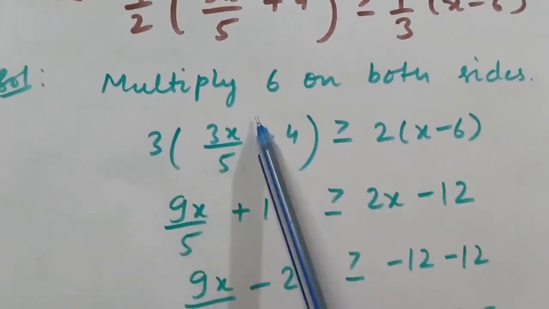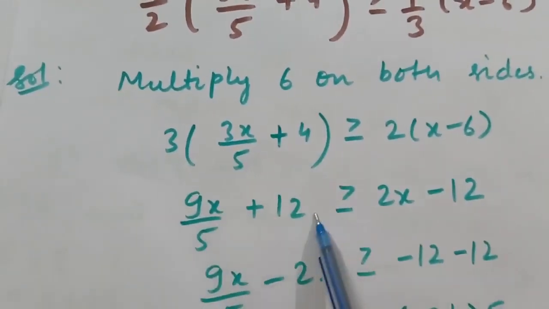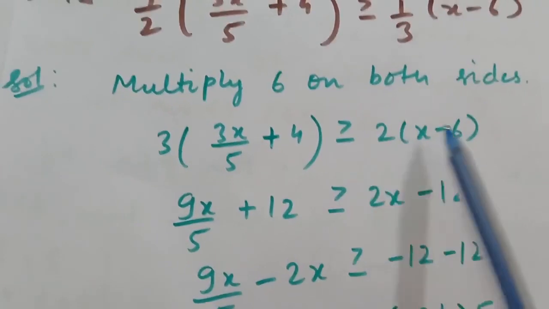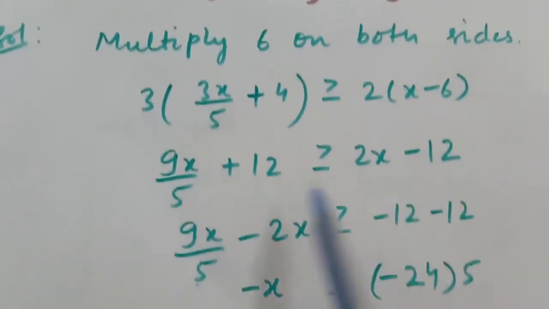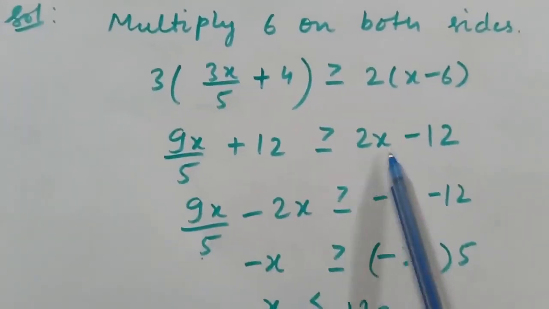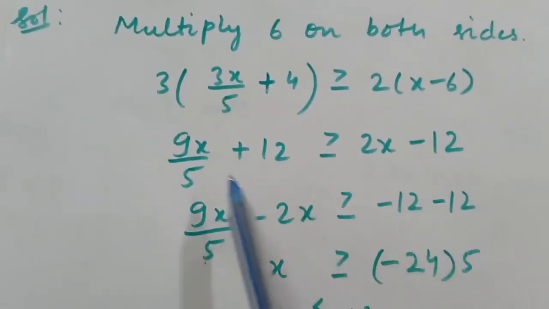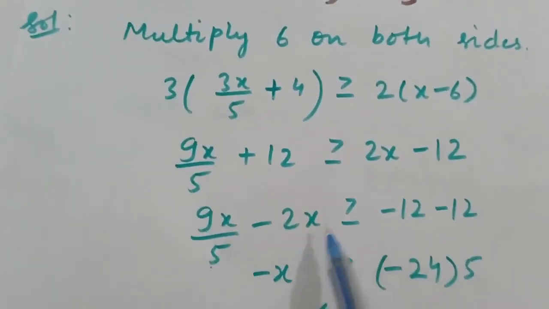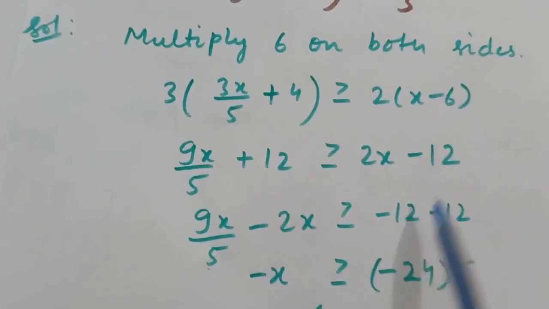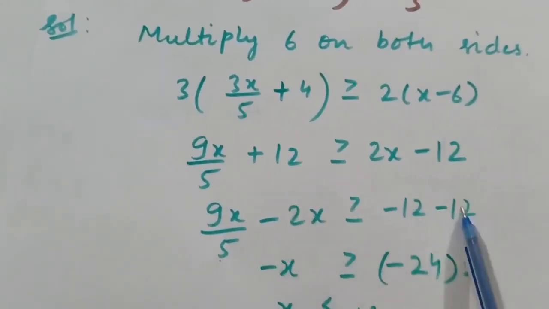Now multiply 3 with both the terms, and multiply 2 with this term. Now taking x on one side and the constant term on one side, you will get 9x/5 - 2x ≥ -12 - 12.